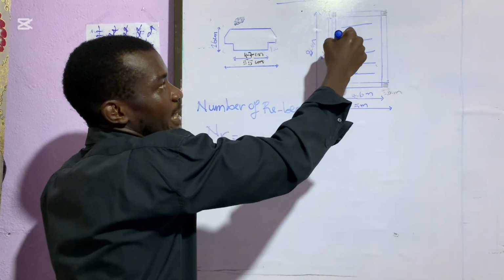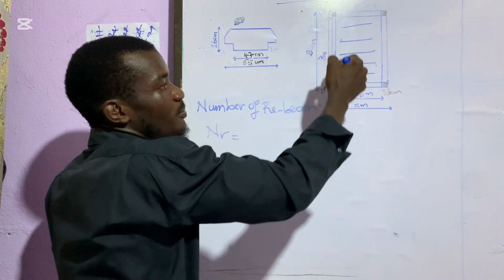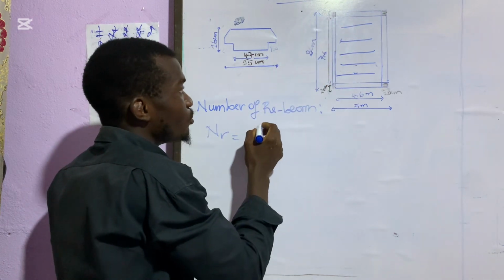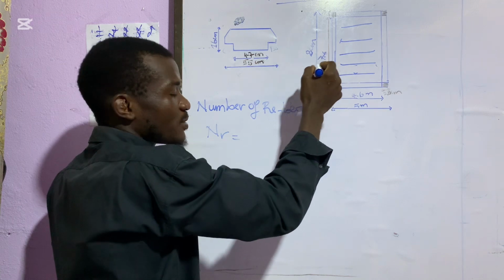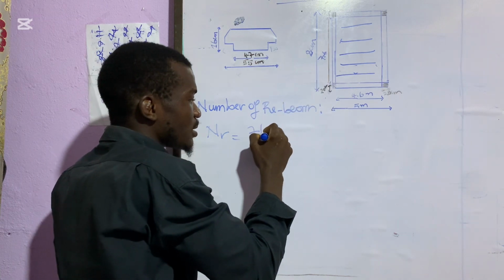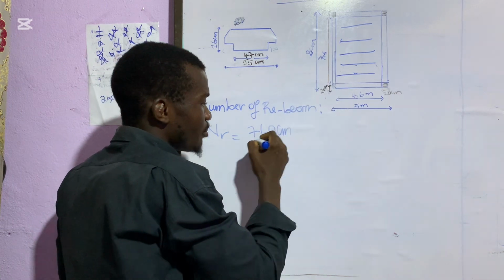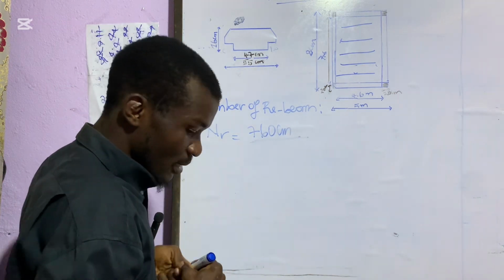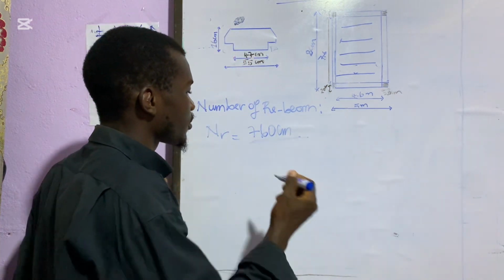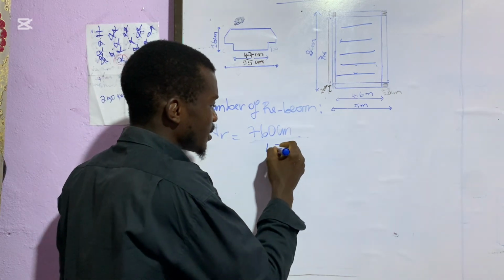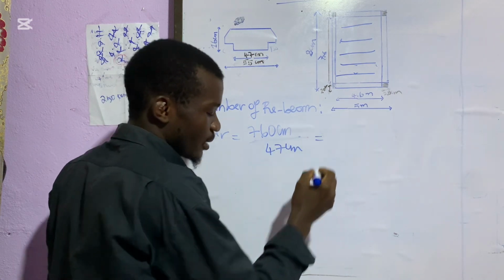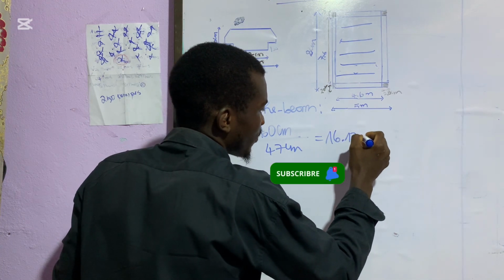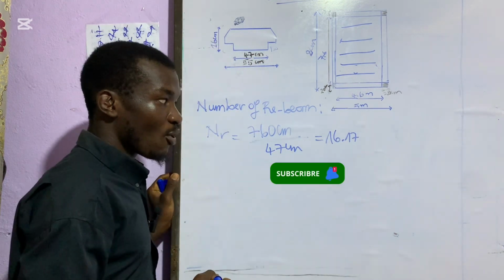The internal length, removing the width of your beam on both edges, which is 20 centimeter, you will be left with 7.6 meter, which is also equal to 760 centimeter, divided by your 47 centimeter. Okay, you will get 16.17. This will be your number of rib-beam.